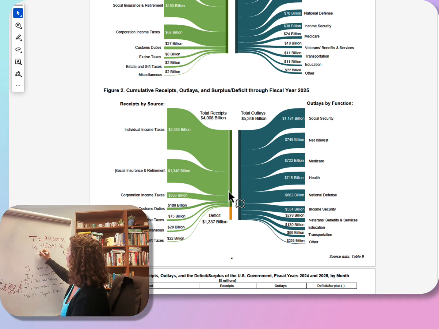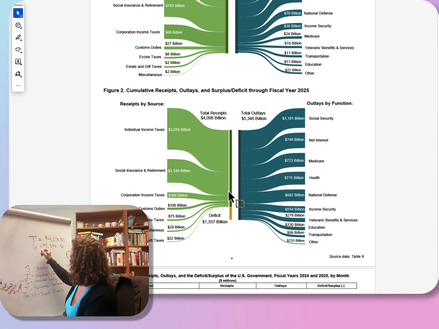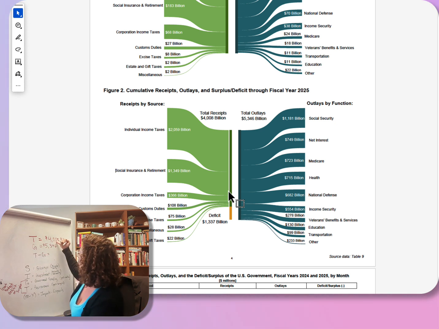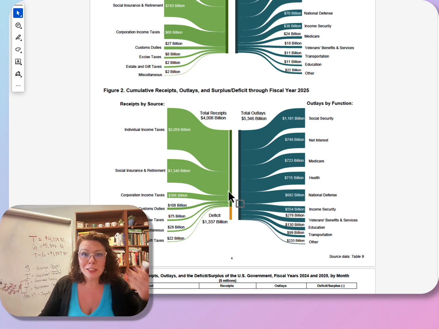And so that means that if we're looking at the budget deficit, that's going to be T minus G, which is the 4 trillion minus the 5 trillion, gives us a deficit of $1.3 trillion. Does that make sense? So that's the real numbers for the U.S. government for 2025. So how does that figure in with trade?